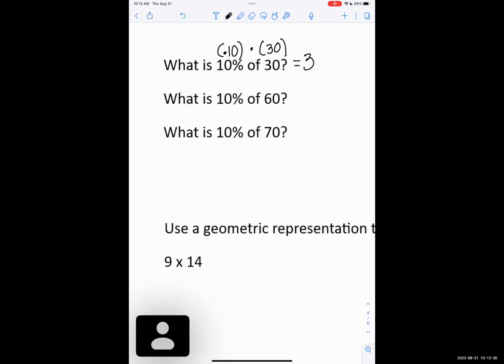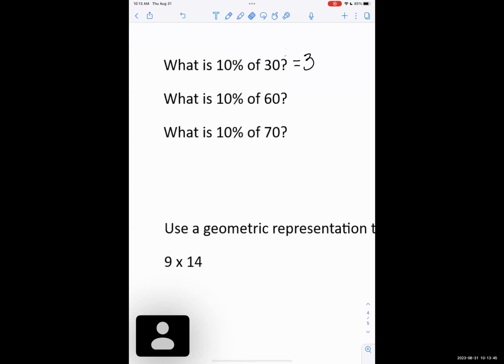Okay. If I took 0.10 times 30, I would get 3. Are you with me? Just trust me on that one. Or plug it into your calculator.